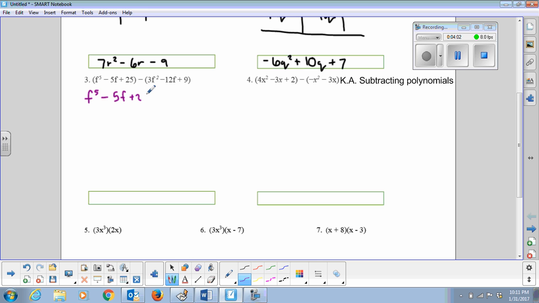Now I see that negative sign, so I need to distribute negative 1 to everything inside. So instead of positive 3f squared, this is negative 3f squared. Instead of negative 12, I need to see positive 12f. And then instead of positive 9, you should have had negative 9. So putting these all into groups, we have f to the power 5 as my first group. I have f squareds, just f, and finally numbers.